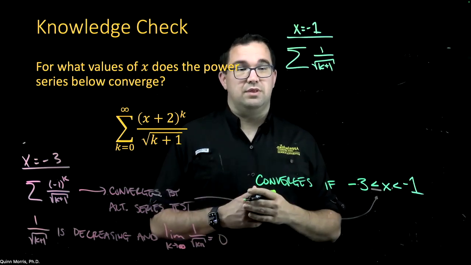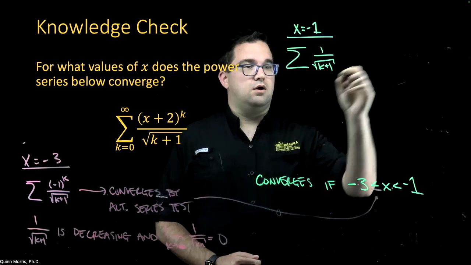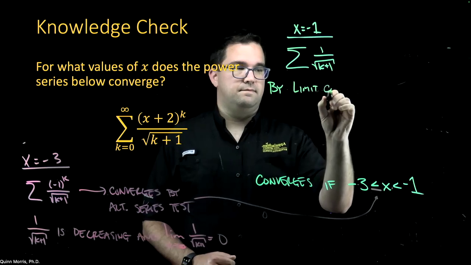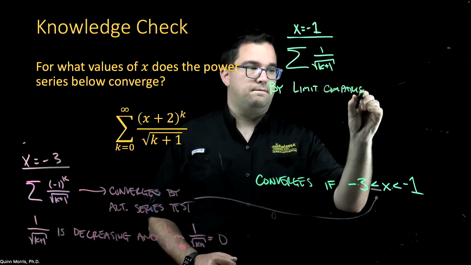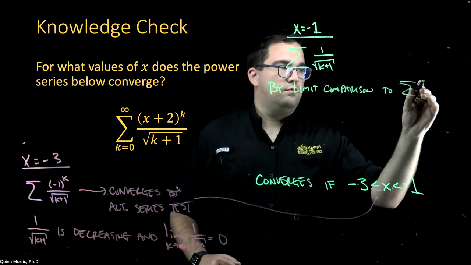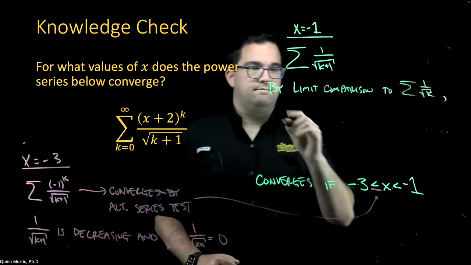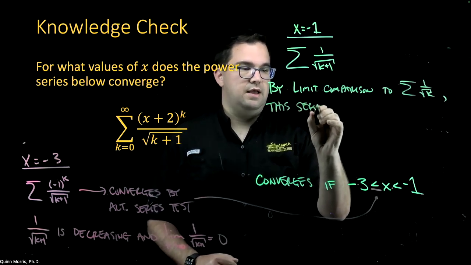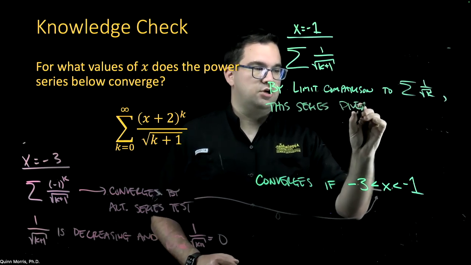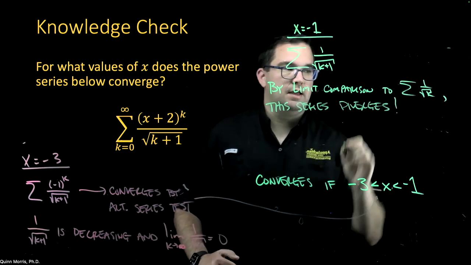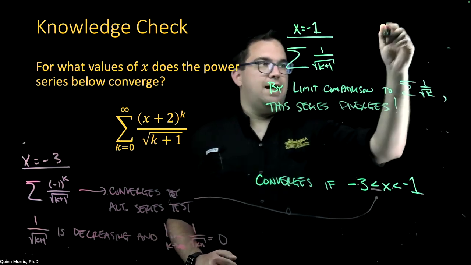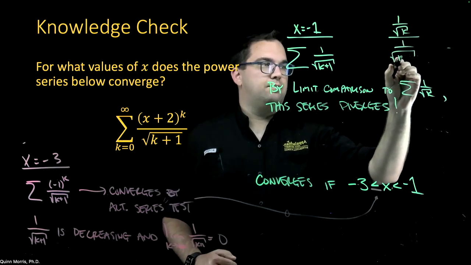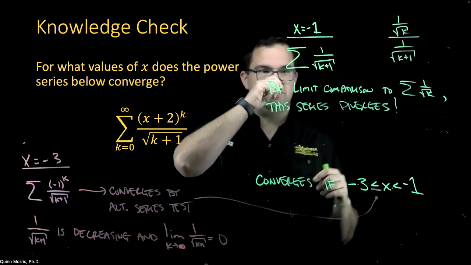I could just do limit comparison here. So by limit comparison to 1 over square root k, this series diverges. Now, I haven't done all the work yet to show that. If I wanted to show that, I would look at 1 over square root of k divided by 1 over square root of k plus 1, the ratio of these two.